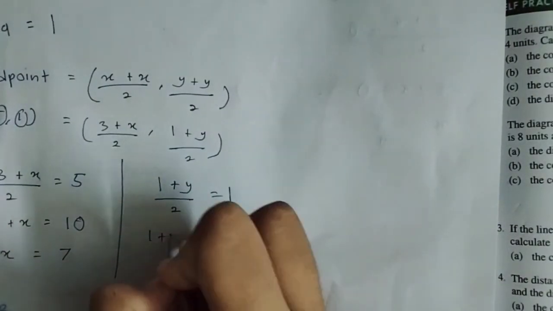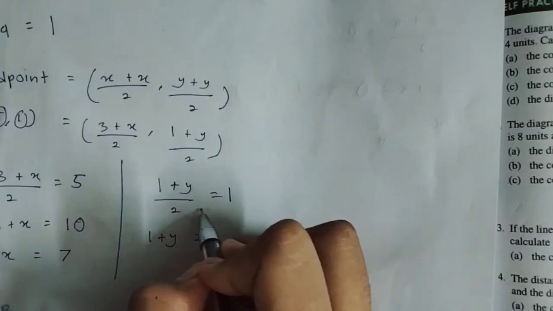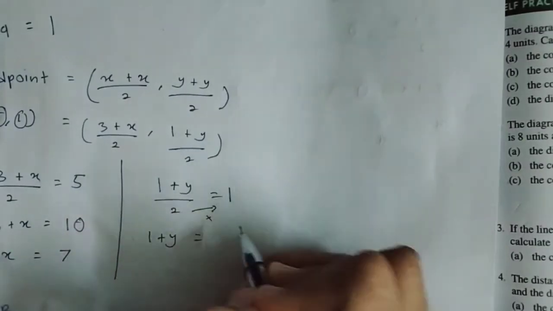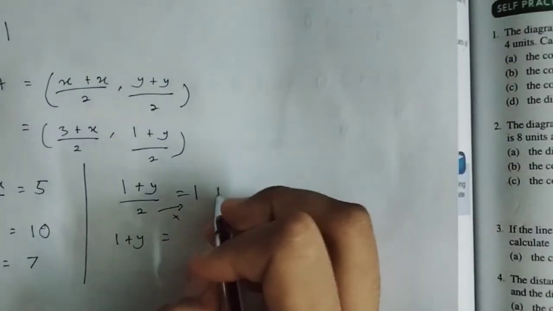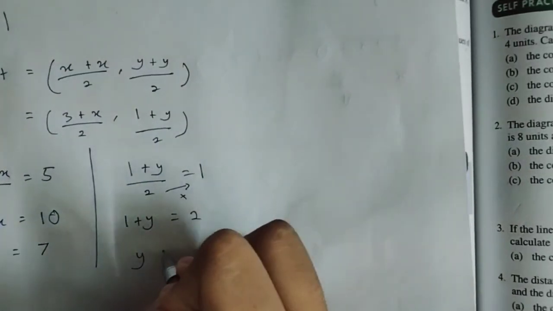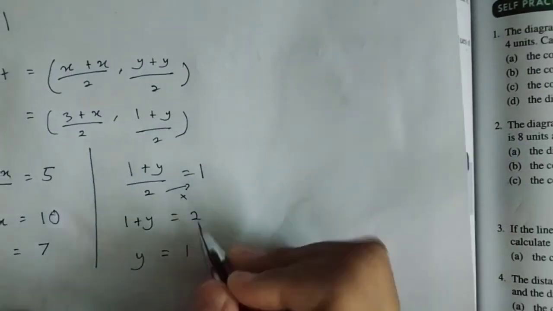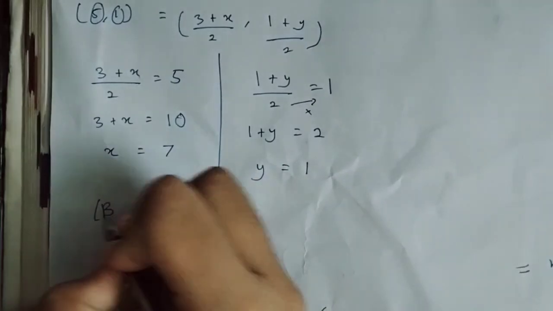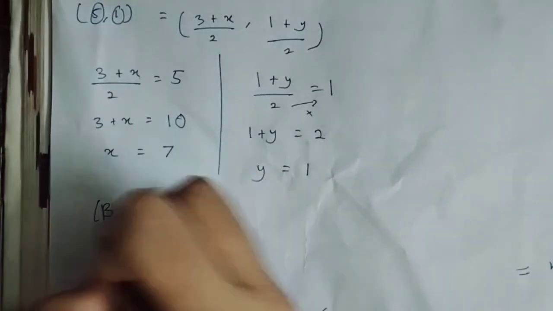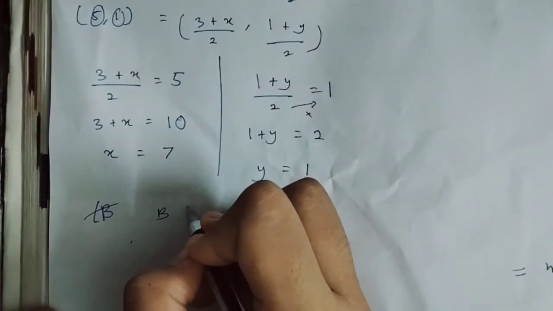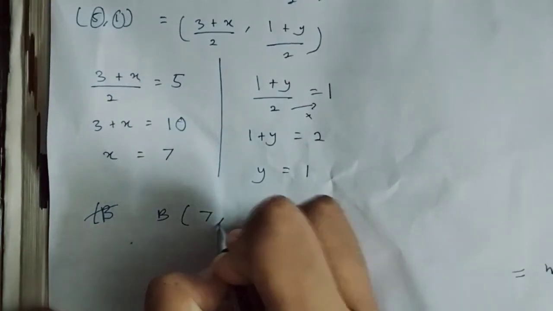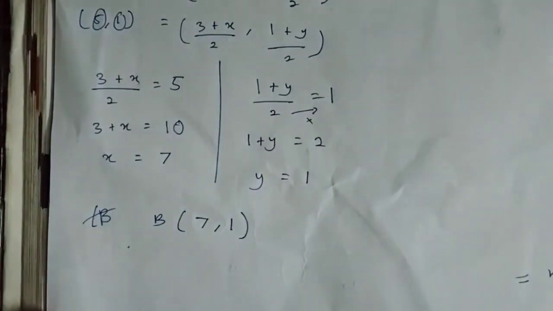So 1 plus y equal to 2 times 1 equal to 2. So y equal to 2 minus 1, 1. So the answer will be 7, 1. Thank you.